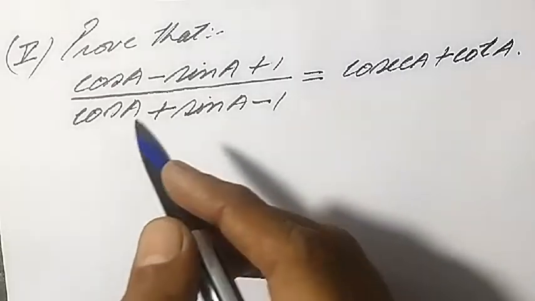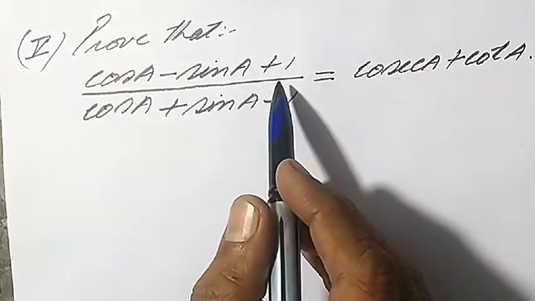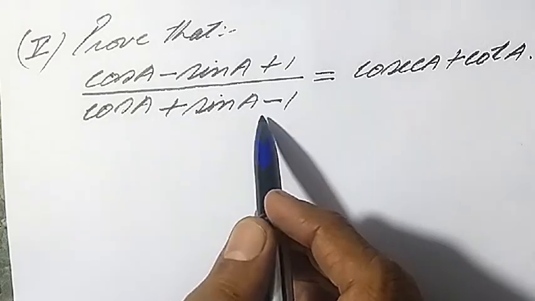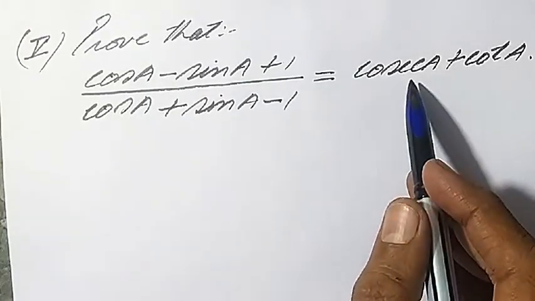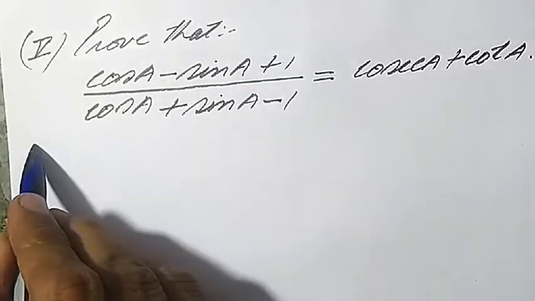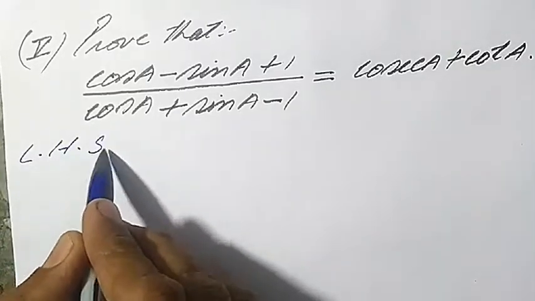Now the fifth sum is to prove that cos A minus sine A plus 1 upon cos A plus sine A minus 1 is equal to cosec A plus cot A. So let us take the left hand side.